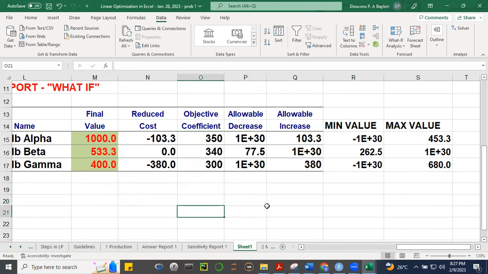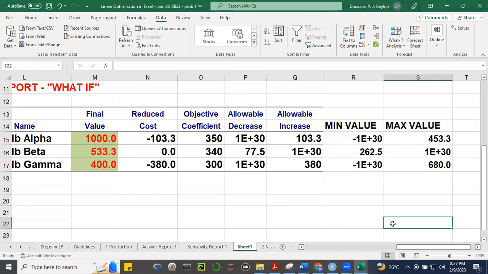Assuming that only one will change. No? Okay, we will discuss paano kung si alpha nag-increase natin, si beta increase natin, si gamma increase din natin, no? What will happen kung sabay-sabay sila? Pwede ba yun? Of course, pwede yun.